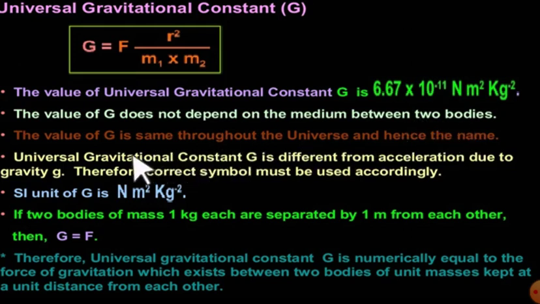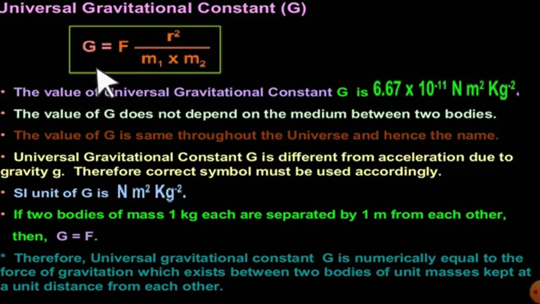The value of G is the same throughout the universe and hence the name universal, right? So universal gravitational constant G is different from acceleration due to gravity, as I said. Therefore the correct symbol must be used accordingly, okay. As I told you about this SI unit, if two bodies of masses 1 kg each are separated by 1 meter from each other, then G will be equal to F.